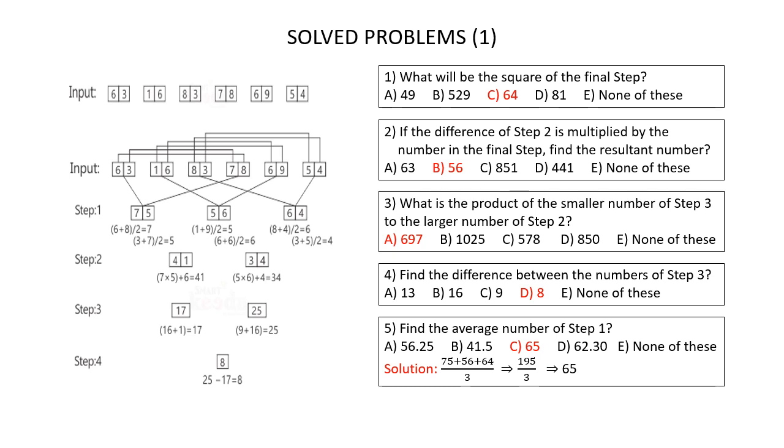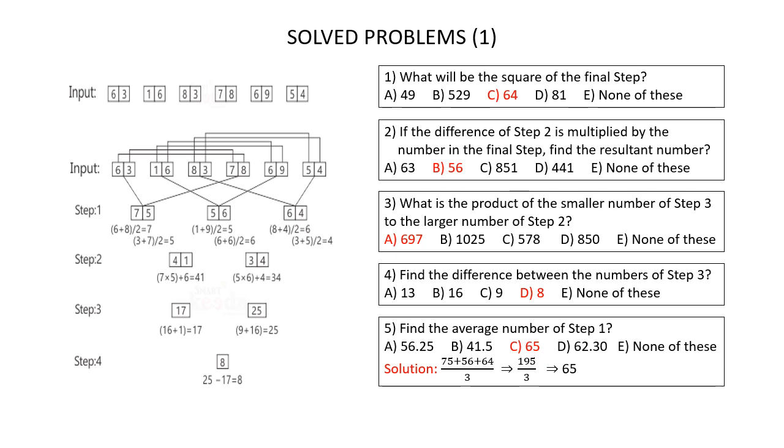Now as per the pattern, we know that the first and the fourth input numbers are connected to get the first number of step 1. Similarly, the second and the fifth input numbers are connected to get the second number of step 1. Also, the third and the sixth input numbers are connected to get the third number of step 1.